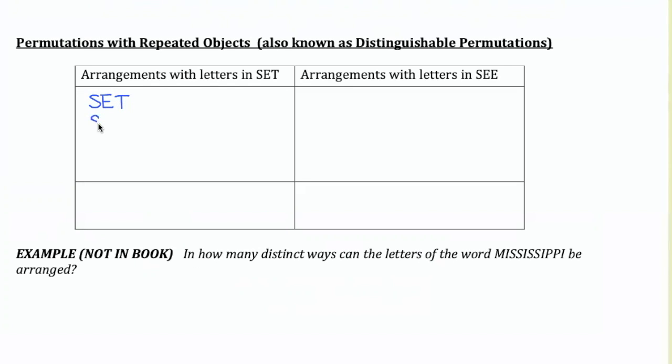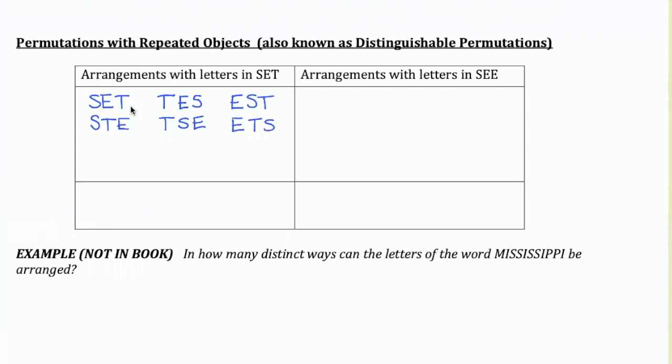I can leave the S first and switch the next two. Or maybe T is first, followed by E and S. Or T is first and I switch those. And finally, I can start with E and then switch the order up of the S and the T.